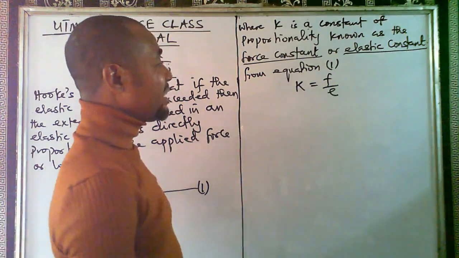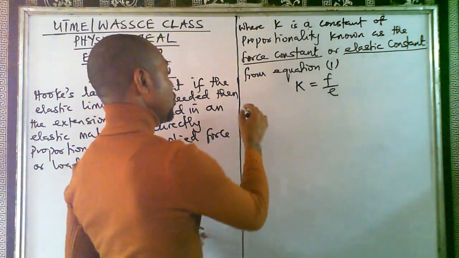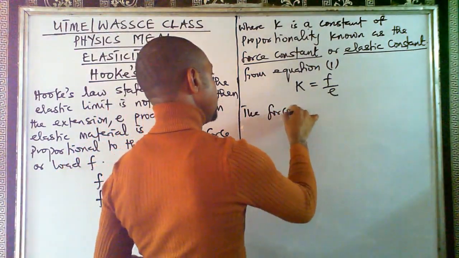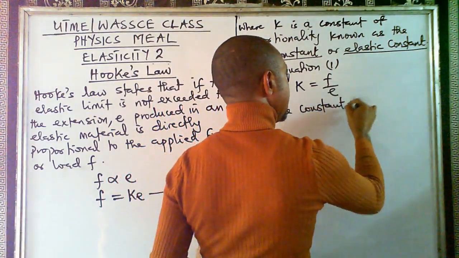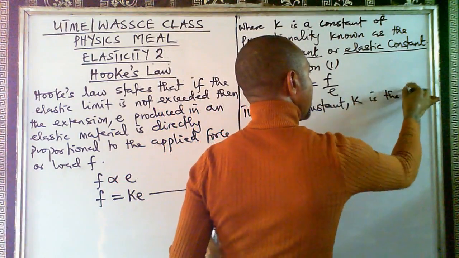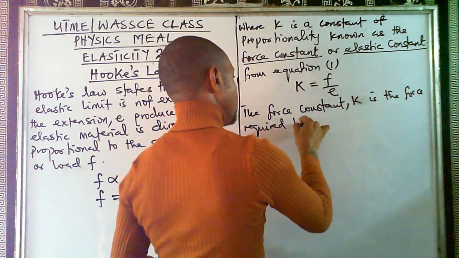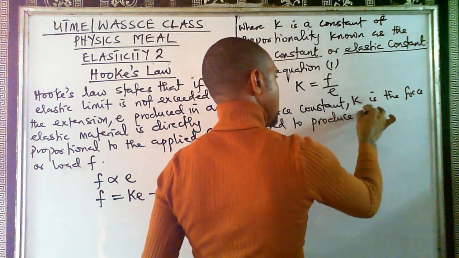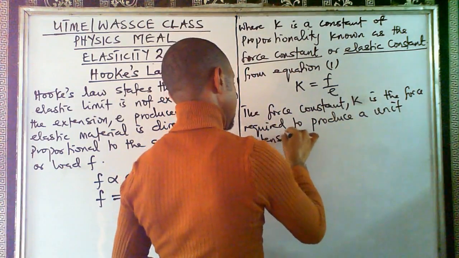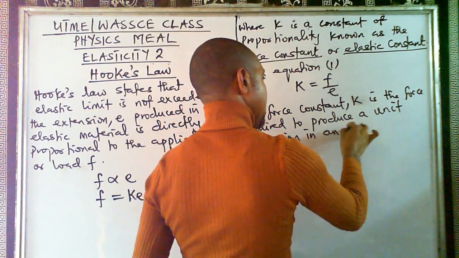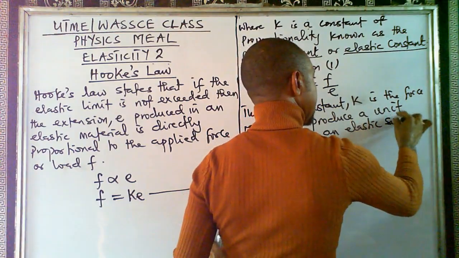The force constant K is the force required to produce a unit extension in an elastic material or substance.